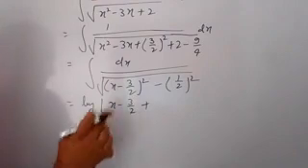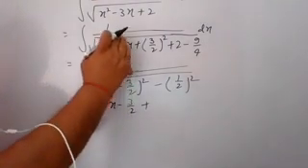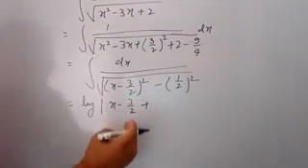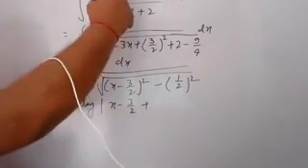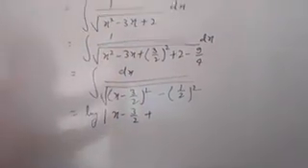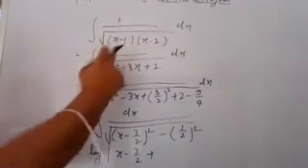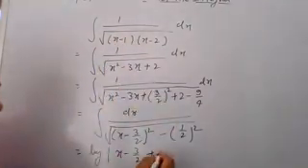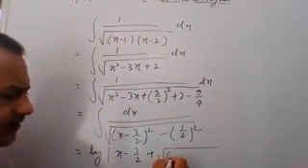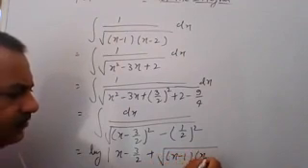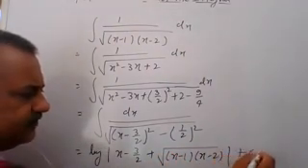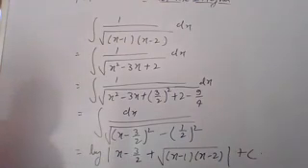Since no term is outside your integral, in place of the same function you can write this one also. No problem for that. So plus under root, here you have x minus 1 into x minus 2 plus c is your answer. Leave it. This is your answer.